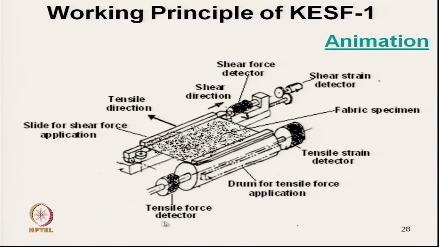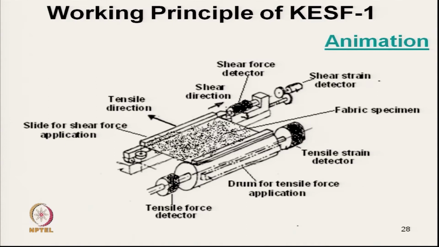So, this is the picture, and here this is the rotating drum, and this one is the fabric specimen. And this is the jaw which is attached to the drum. As the drum rotates, this will stretch the fabric, and the load will be applied on the fabric specimen.